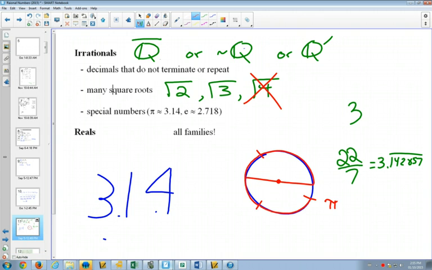That's right. The square root of 4 is equal to 2, because 2 times 2 is 4. That's why it's not an irrational number. The square root of 4 is a natural number. And all the families together, and sometimes you want to talk about every number that exists, is real numbers, and the symbol for real numbers is an R with 2 lines.